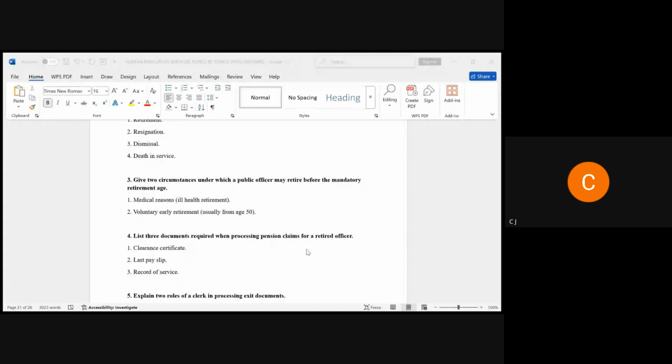Preparing and filing exit documents. Another one.